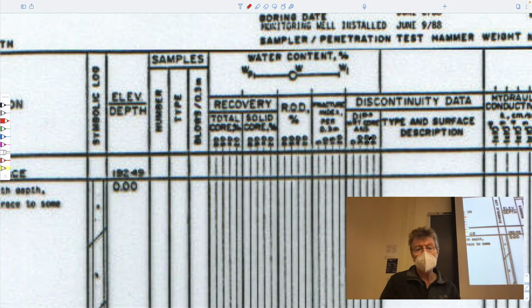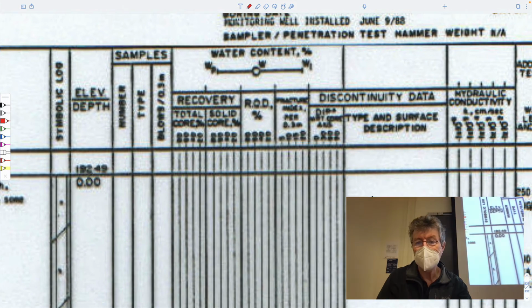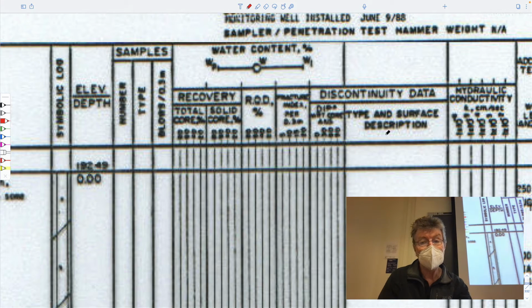Information on those fractures: are they horizontal, vertical, or do they have a dip in between? Horizontal would be 0 dip, vertical would be 90 degrees dip, and in between would be some variation on that. Descriptions of those discontinuities are important, of course, because we've said that the fractures are potentially the super highways for fluids to travel in the subsurface.